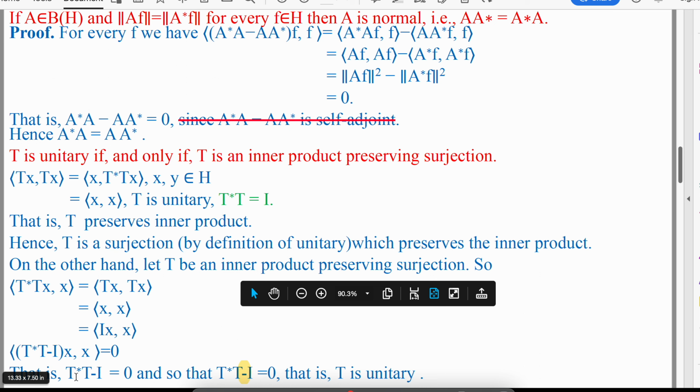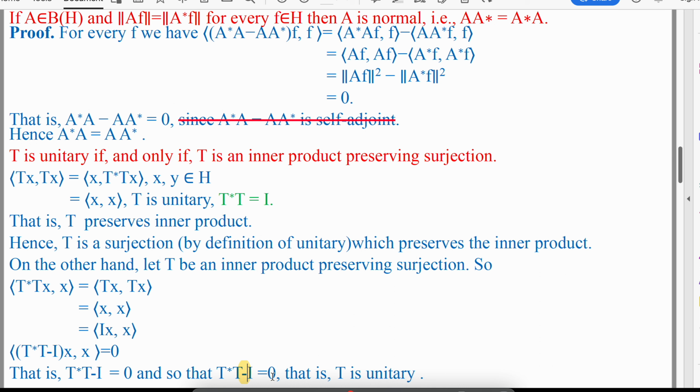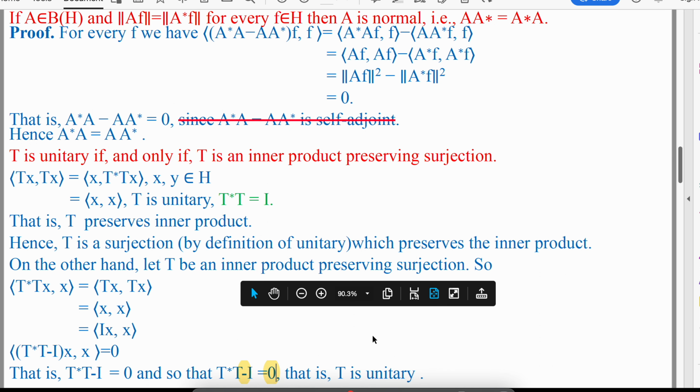T star T minus I equal to the 0 operator means T star T equals I. Shift I to this side, and in place of 0 we will write the identity operator I. So T star T equals I. It means T is a unitary operator by the definition of unitary.